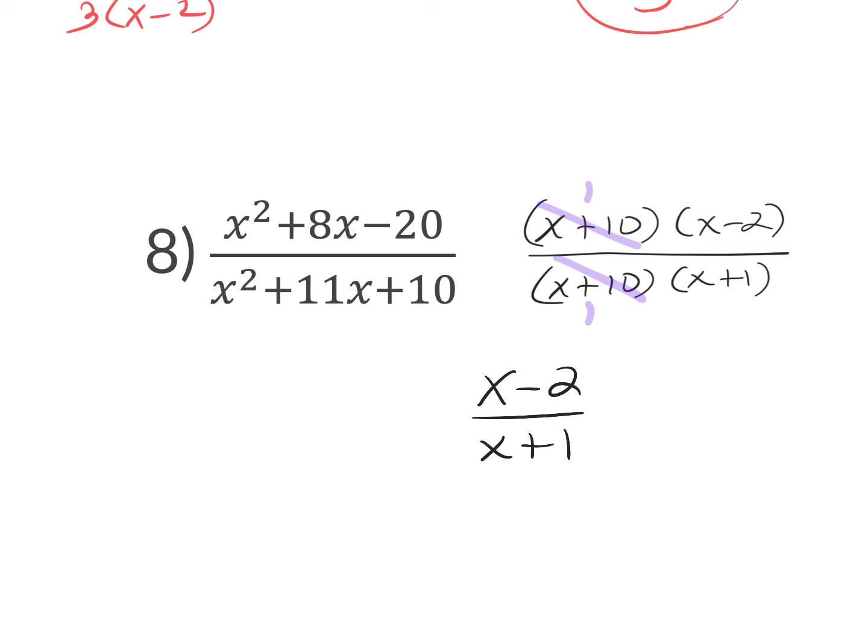I can't tell you how many times I see students do this, and then they tell me the final answer is negative 2. If you do that on the test, you will get it wrong. This is grouped together. You need to look for an identical match when it's being added and subtracted to look for things to cancel.